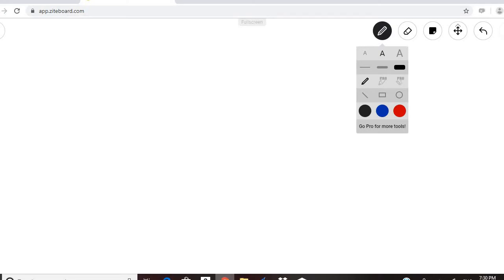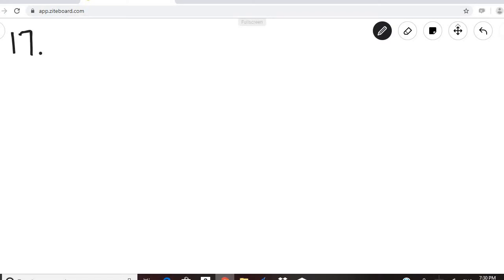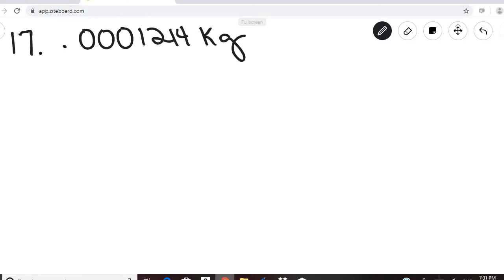Okay, then number 17 has multiple parts, and we are converting these numbers into scientific notation. Okay, so remember with scientific notation, we want to have one number before the decimal place. So first of all, let's look at significant figures. None of these zeros are significant, but these numbers are all significant.